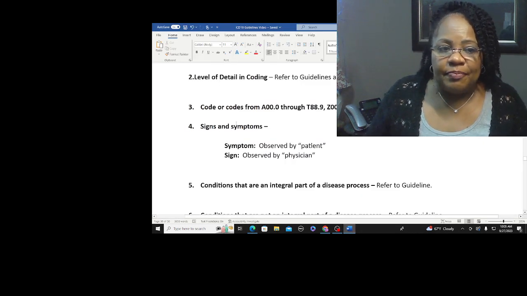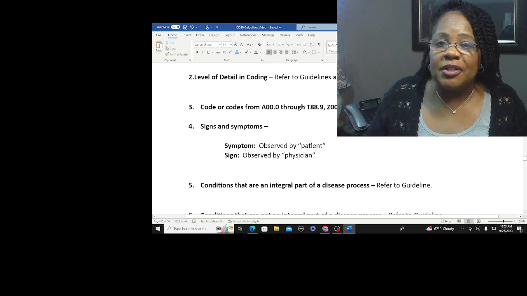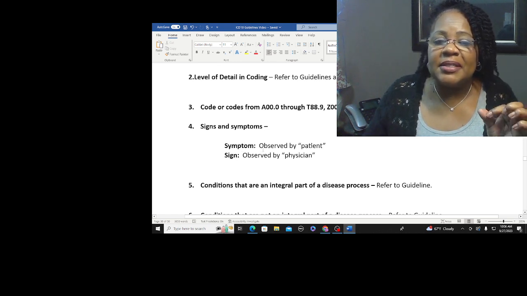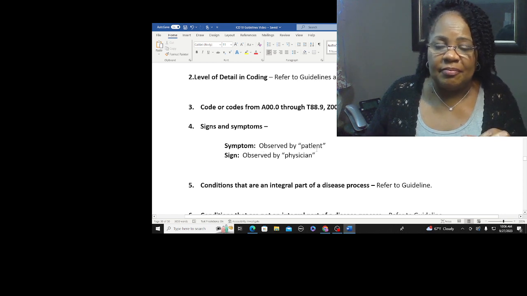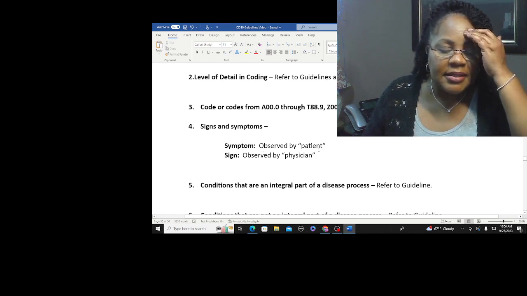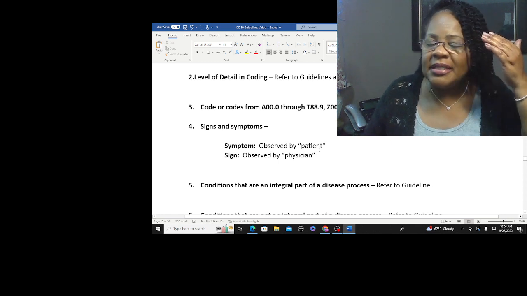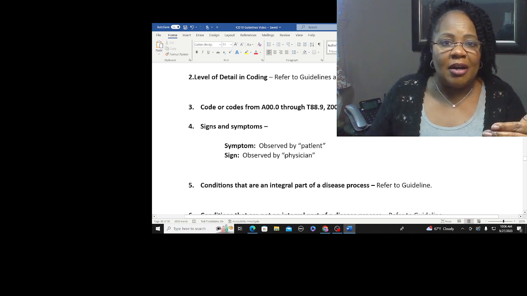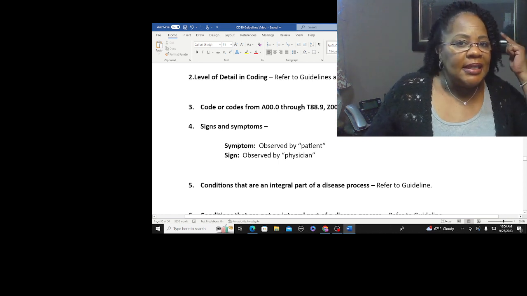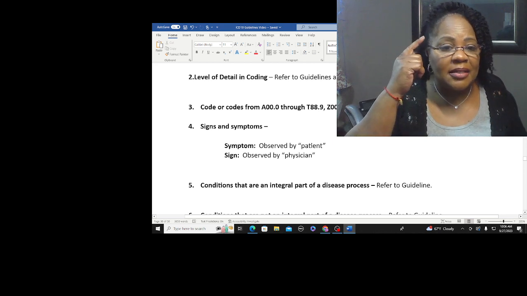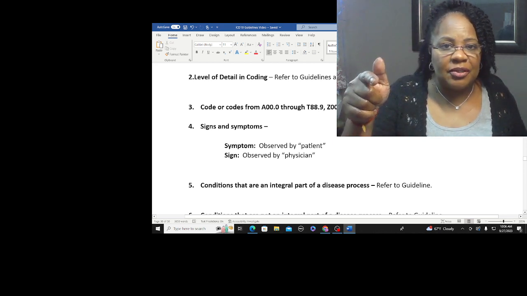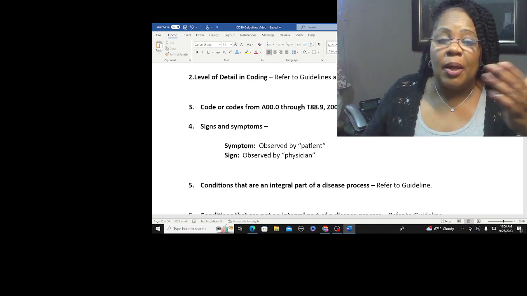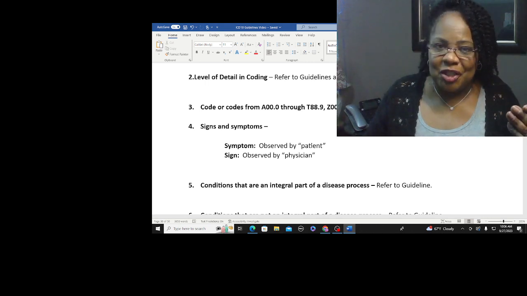Main thing I wanted to stress here with number 4 was, do you know the difference between a symptom and a sign? I always say symptoms are observed from the patient. Doc, I'm having these headaches. Doc, I'm lightheaded, I'm dizzy. These are my symptoms as the patient. So as I'm telling my doctor my symptoms, ding, ding, ding, these are signs to the doctor or the physician of a disease process. So again, symptom, patient, sign, physician.